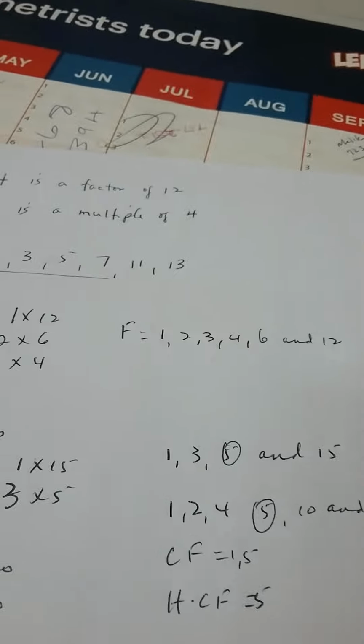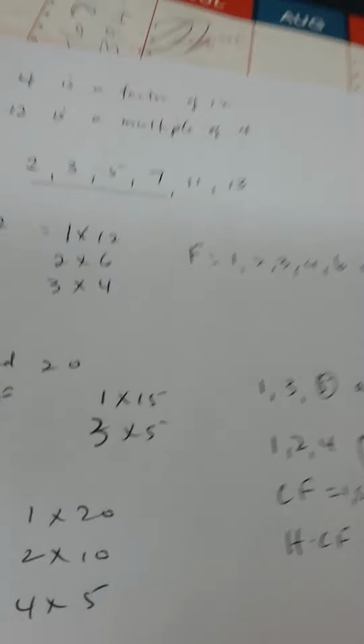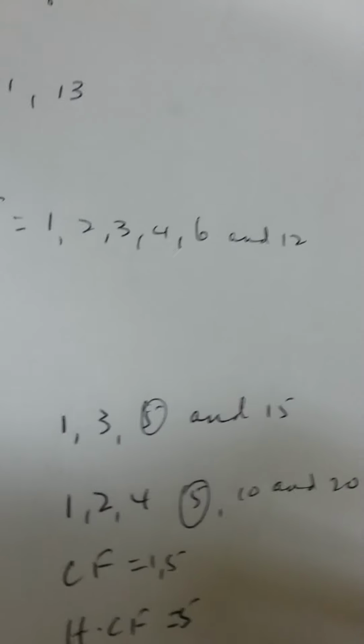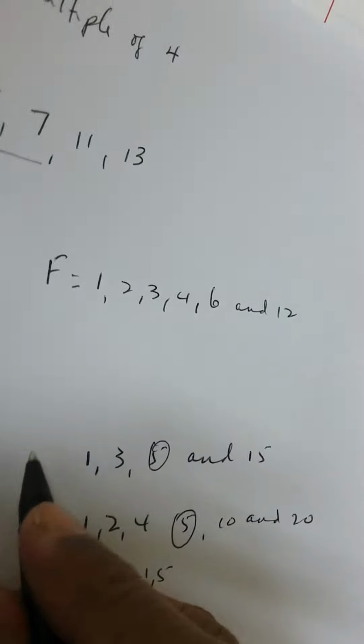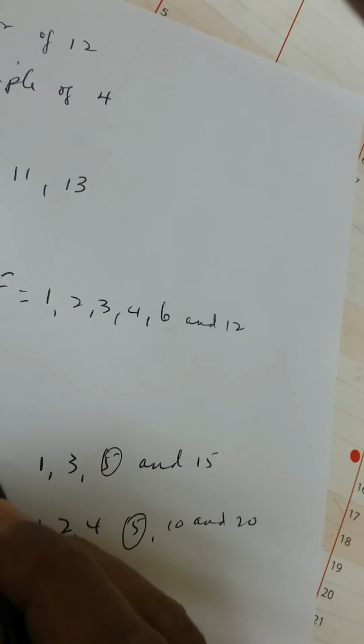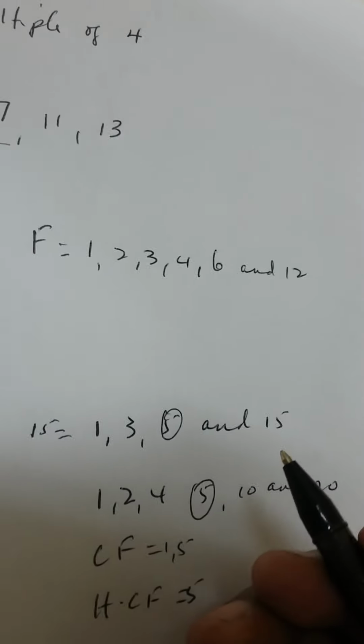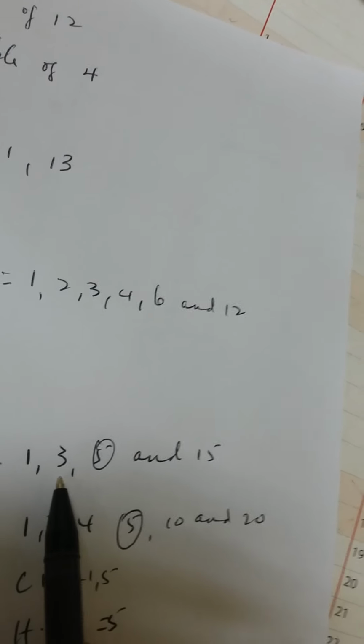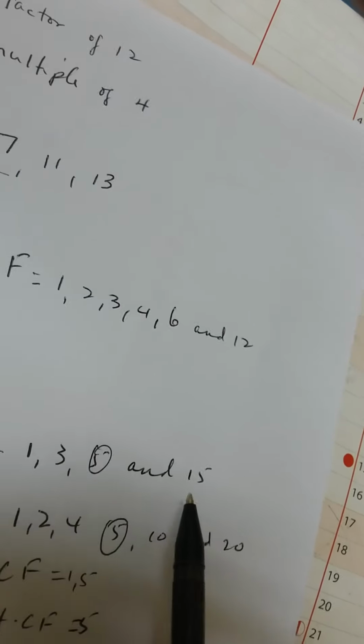Alright? This morning, as I would have recapped, I would like us to look at the numbers in the factors of 15. If we look at the factors, we have 1, 3, 5, and 15.